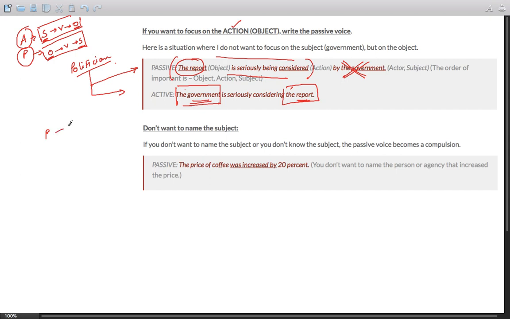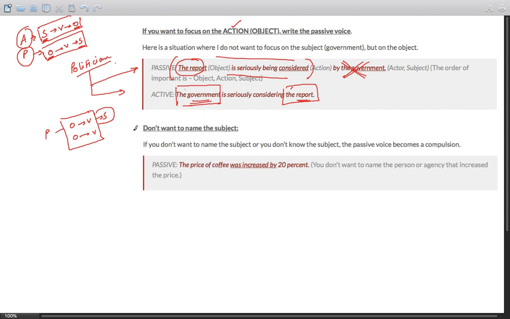You can put object, verb, subject, or you can stop at the verb, and you can completely avoid the subject. Okay, so in that case, you will safely omit the government, and you will prove to be a sharp politician.